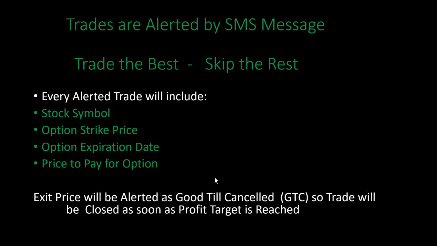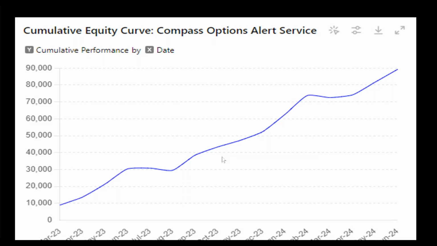You want to have that trade working. So if the market gaps up in the morning and you're in a long, you'll get filled on it and you won't have to worry about it. But you'll generally get two alerts, one to get in and one to get out. And the price to pay, by the way, could be a range. It could be like $1 to $1.05 or something like that.